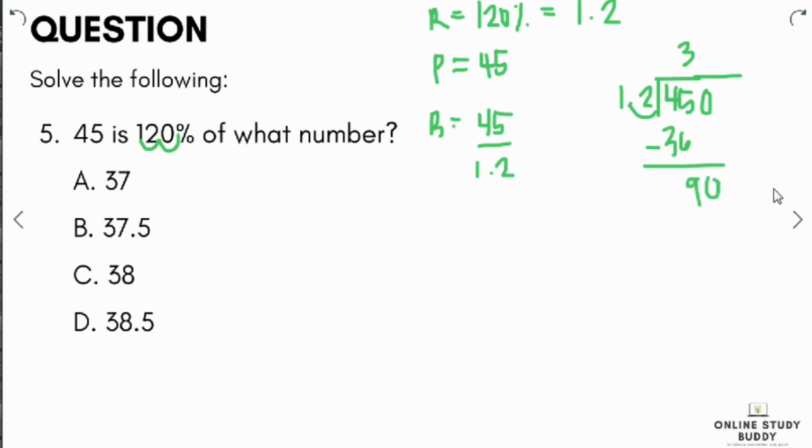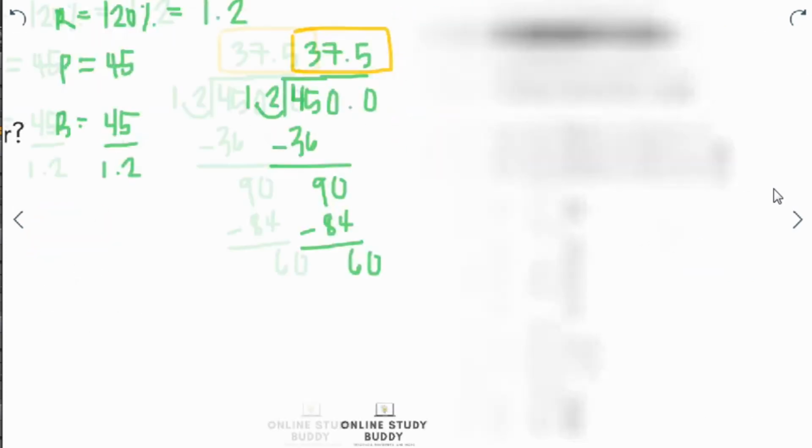So, 90 divided by 12 is 7. 7 times 12 is 84. We get the difference, which is 6. And then bring down the 0. So 60 divided by 12 is 5. So our base is 37.5.